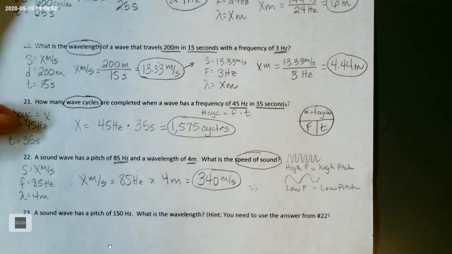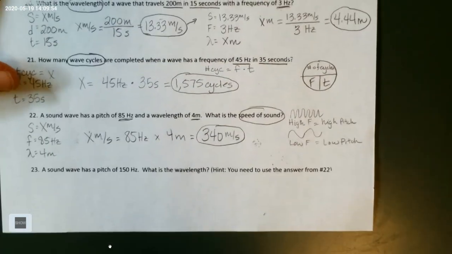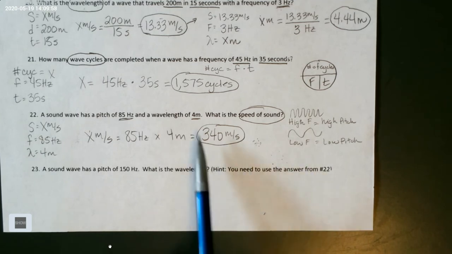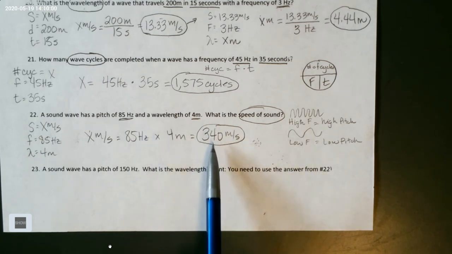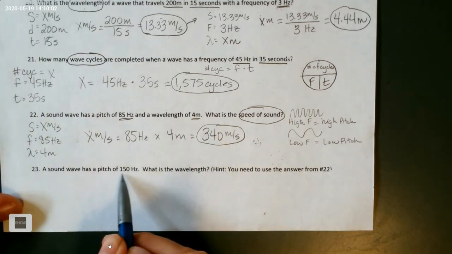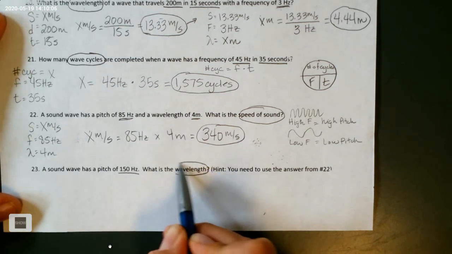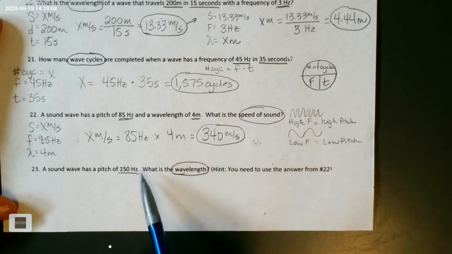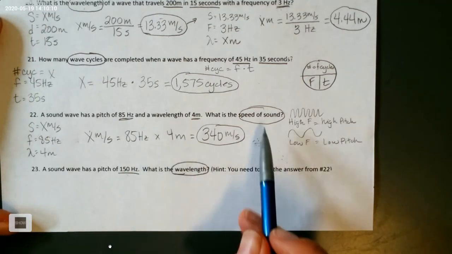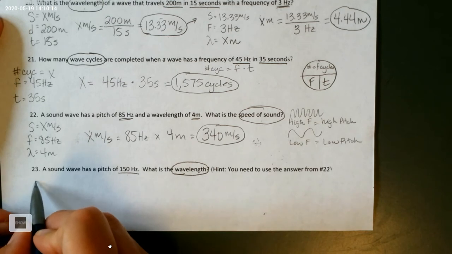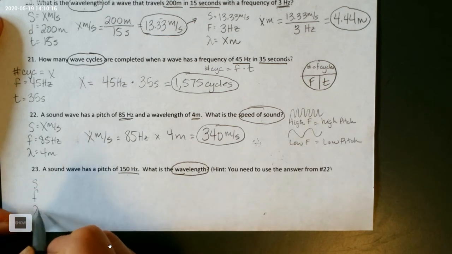Okay, so last question. This says, hint, you need to use the answer from number 22. That was the one we just did. So we're going to have to use this speed. A sound wave has a pitch of 150 hertz. What is the wavelength? So now we're looking for wavelength, and we're only given frequency here, and then we have to use the speed of sound we just found right here. So speed, frequency, and wavelength.